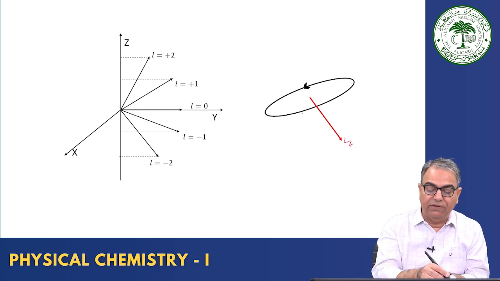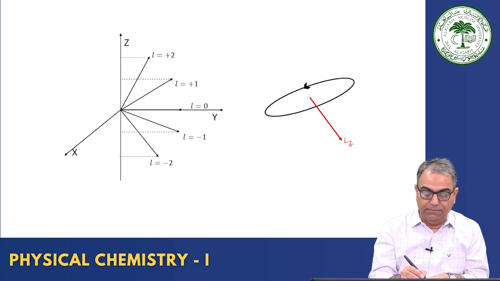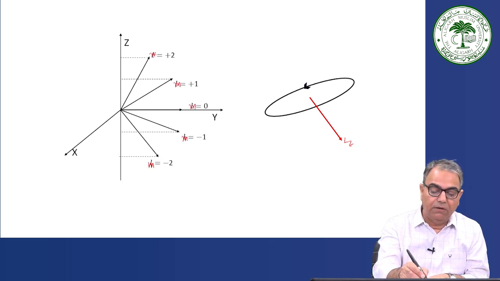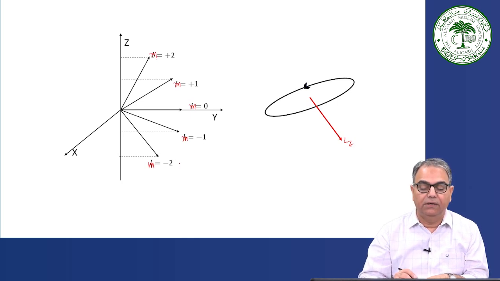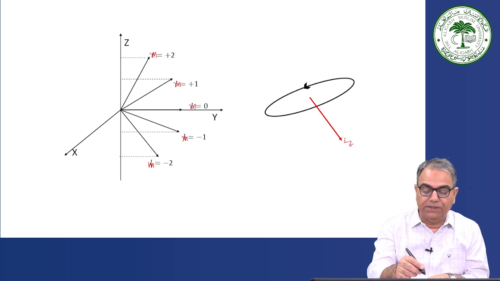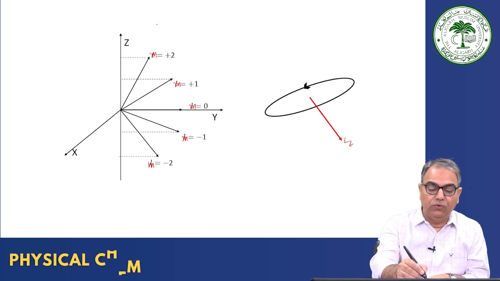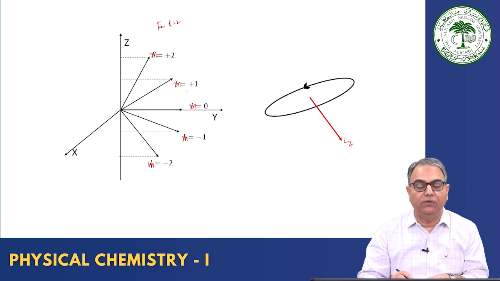So for L equal to 2, m is plus 2, plus 1, 0, minus 1, minus 2. This L remains there, you change m. So for L equal to 2, m has 5 different values.